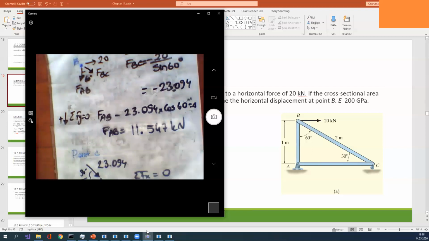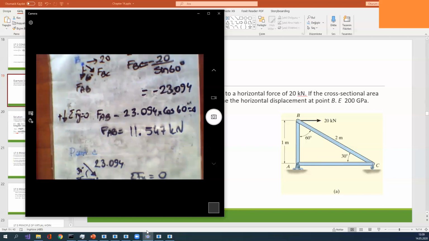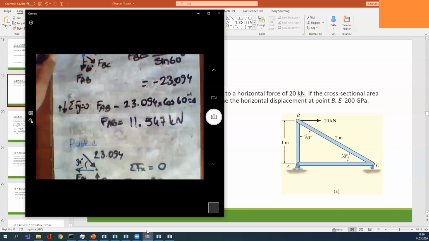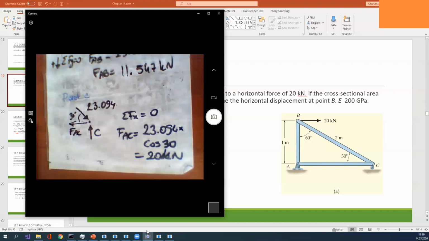Sigma Fx is equal to 0, so FAC is the x part of 23.09 using cosine 30. You already have experience with the method of joints, therefore I am solving a little bit quickly.